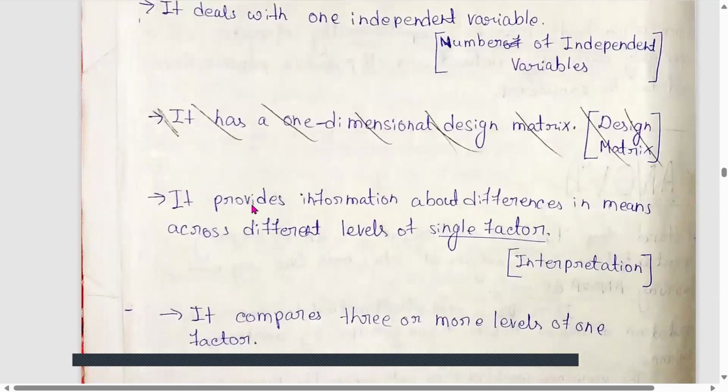It provides information about differences in means across different levels of a single factor. The second point you have to remember is that it provides information about differences in means across different levels of a single factor.